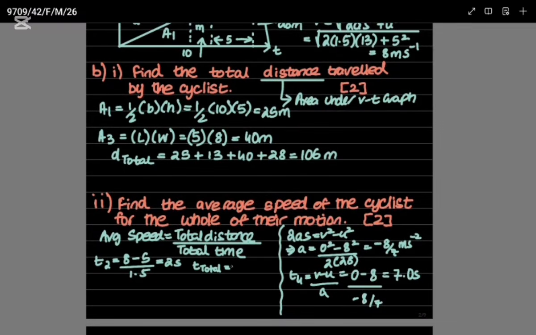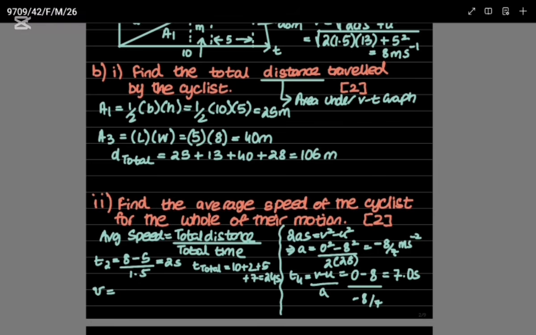So what is T total? T total is 10 plus 2 plus 5 plus 7. 12 plus 5 is 17. 17 plus 7 is 24. Okay, 24 seconds. Now average speed, let's write it as v.